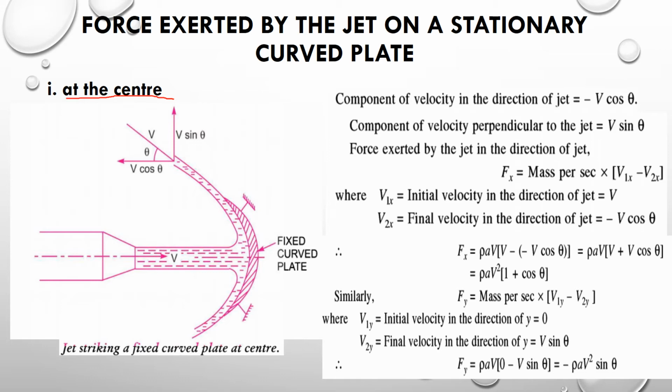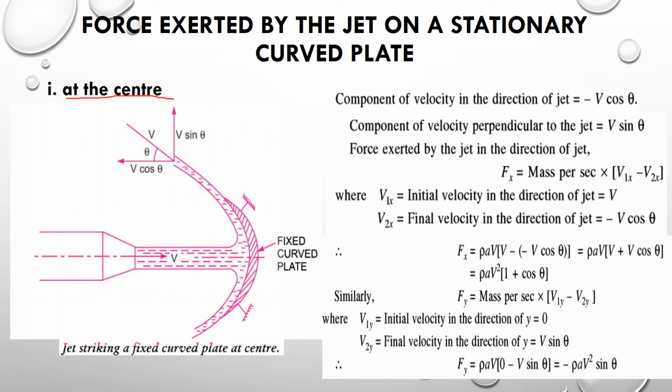Why? Because throughout this derivation we are assuming that the plate is smooth. What we mean by a smooth curved plate is that there is no loss of energy due to the impact of the jet. That is, the jet after hitting the curved plate will move in the tangential direction, as shown in this figure, through both up and down directions.